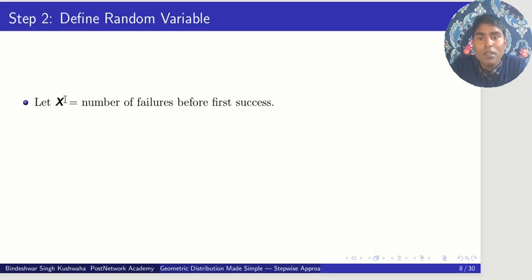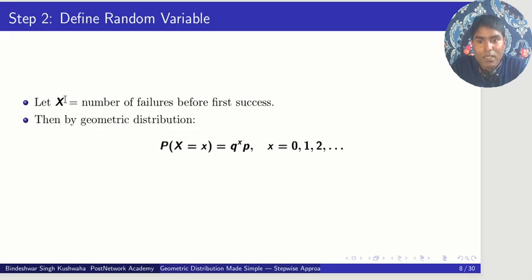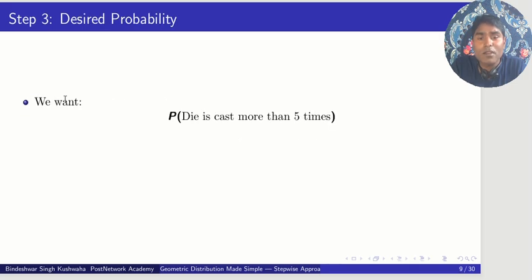Now let x be the number of failures before the success. That is a random variable. Then by geometric distribution, the probability is Q raised to x times P. Here the die is cast more than 5 times, so P of x greater than 5.